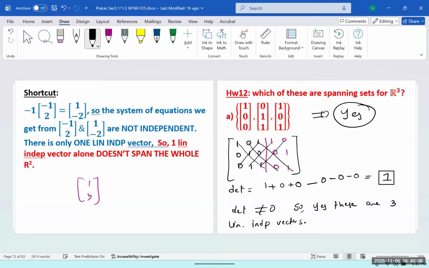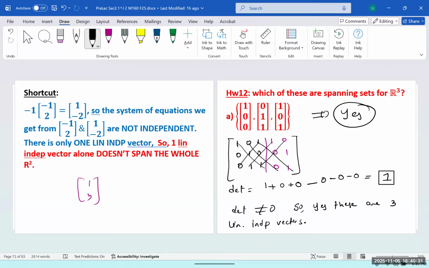In order to span your space, you have to have n independent vectors. So R2 needs 2 independent vectors, R3 needs 3, R4 needs 4. So the number of independent vectors has to be the same as the dimension of your space. Okay, clear?